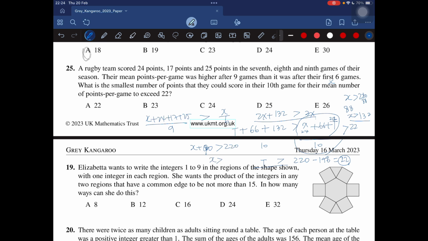So x is larger than 130. So this is larger than 130 and smaller than 132. So now we can find x can be 131, which means 131 satisfies this situation. So the answer is 24.